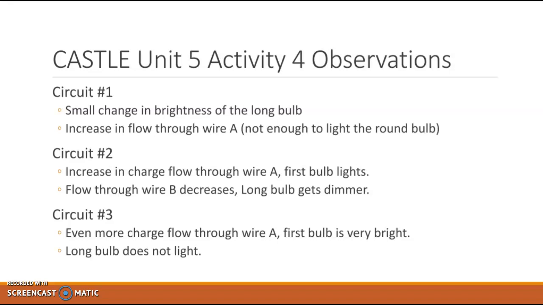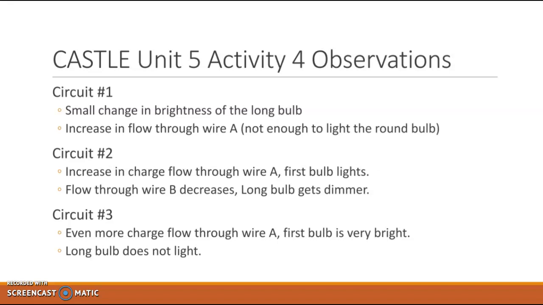Okay, in circuit number 2, we added a round bulb in parallel with the long bulb. And what we saw happen there was the flow rate through wire A, that trunk wire, increased a lot more, and we did see that round bulb light. We also saw that the flow rate through wire B decreased, and the long bulb got a little bit dimmer.